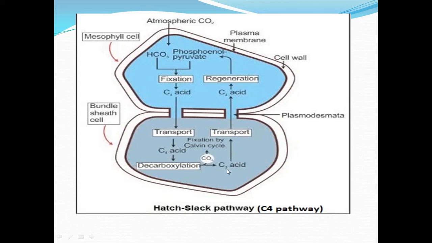This C3 acid is then transported back to the mesophyll cells and is used in the synthesis of PEP, phosphoenol pyruvate, which is ready to combine with HCO3 to form C4 acid again in the next cycle.